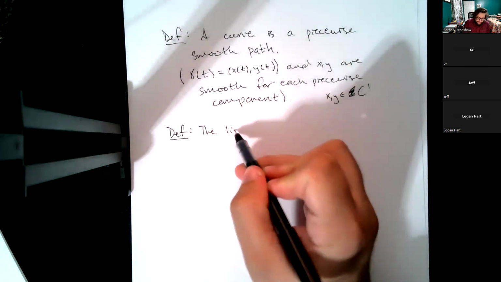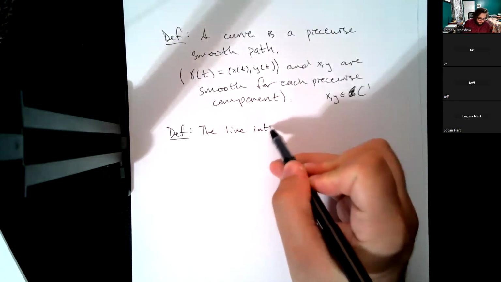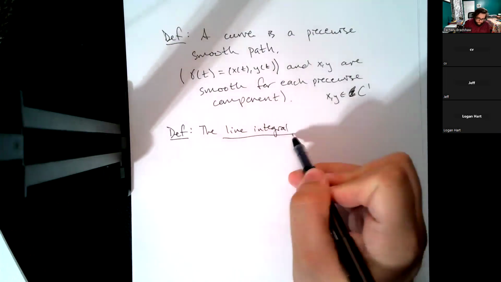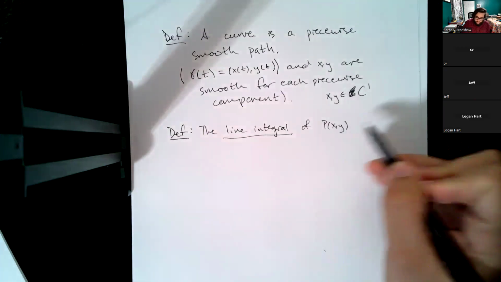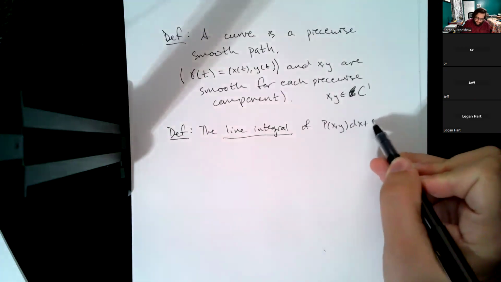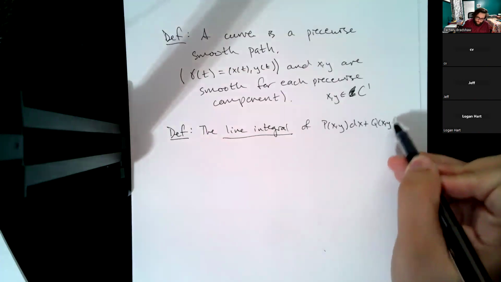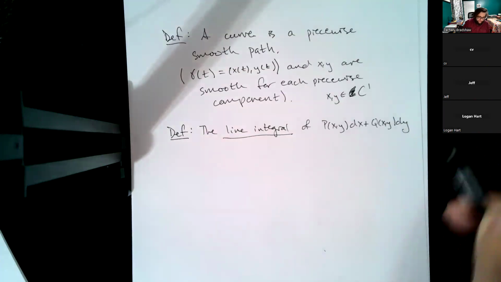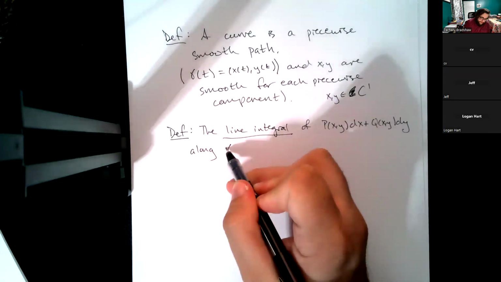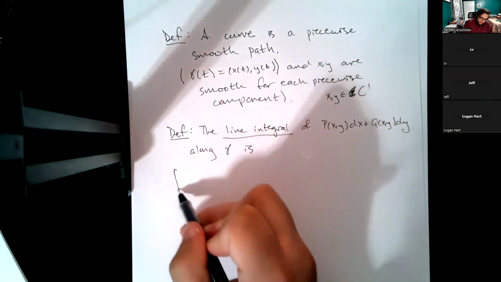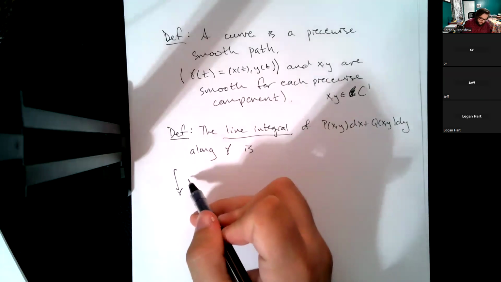So the line integral of this thing, which we're going to call a differential, along the curve gamma is, well, we use this symbol for it.